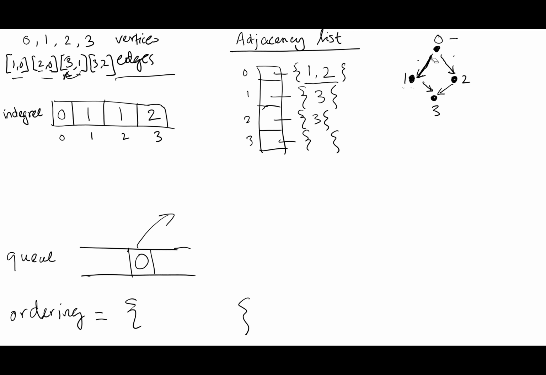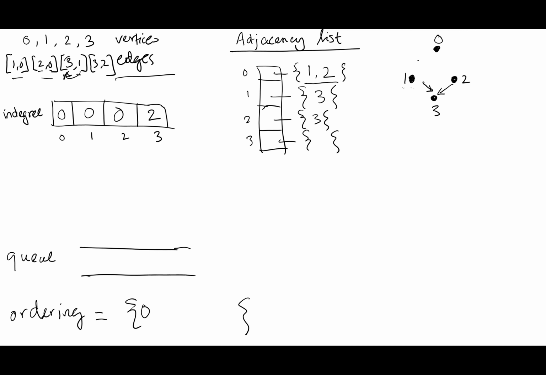Taking course 0 means I am taking it out of the queue, putting it in the ordering, and looking at the neighbors. Since I have taken course 0, I am now free to take 1 and 2. So we need to reduce the in-degree of course 1 and 2 by 1. So both of these go to 0.